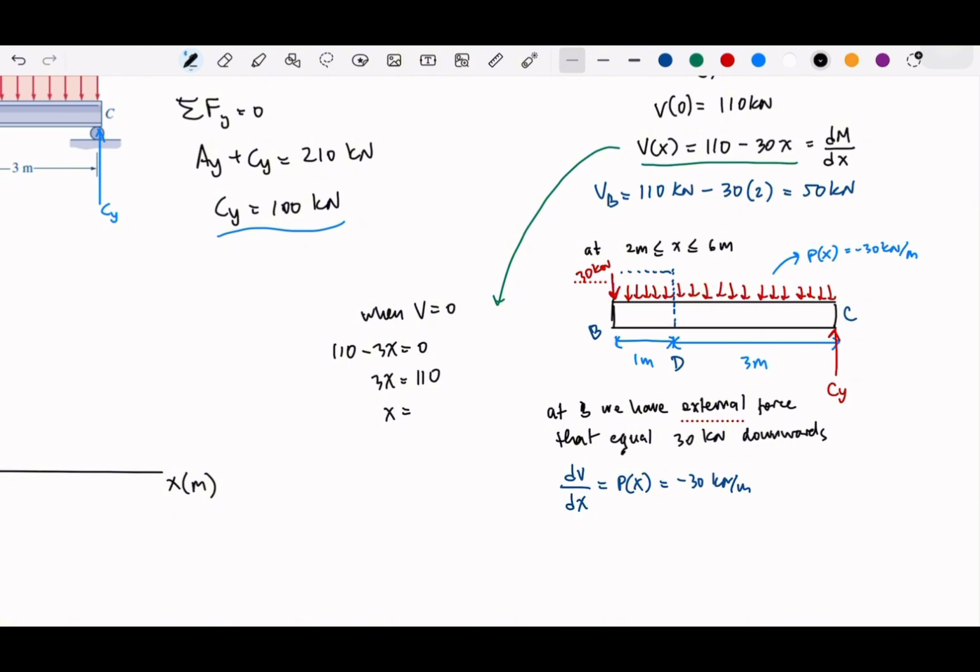V(x), let me check to make sure. 36.6, 6.6. Okay, 6.6.